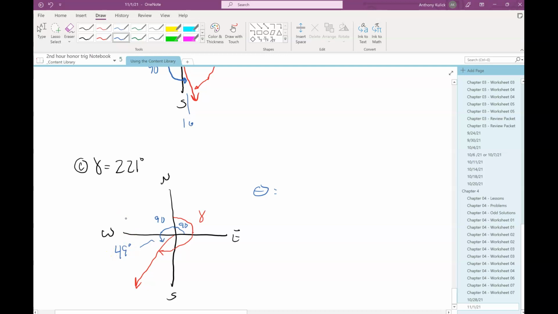I'm just doing 270 minus 221. Taking the next biggest quadrant, 90, 180, 270, 360. I'm just taking the next biggest one and subtracting to get the sliver. So 90 plus 90 plus 49 is 229.